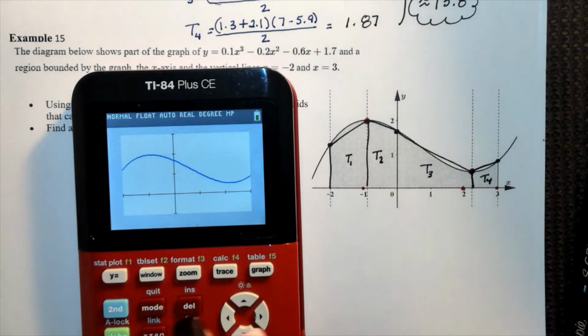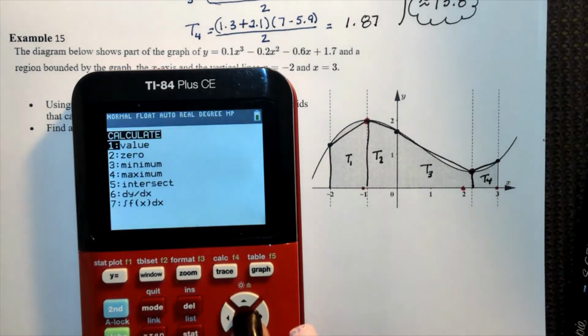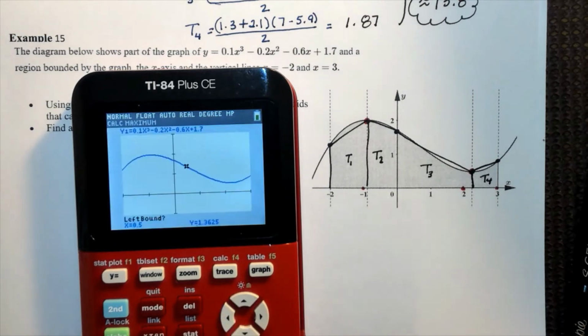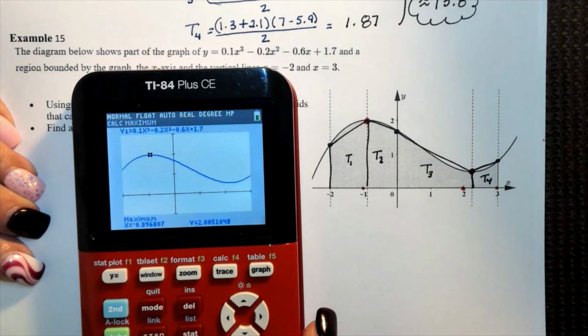Okay, so I need to find that maximum point. Second, calculate. I want a maximum. So I'm going to go all the way back over here. Okay, enter. Go on the other side. Enter, enter. Okay, I apologize. Oh, I might be able to see it up there.